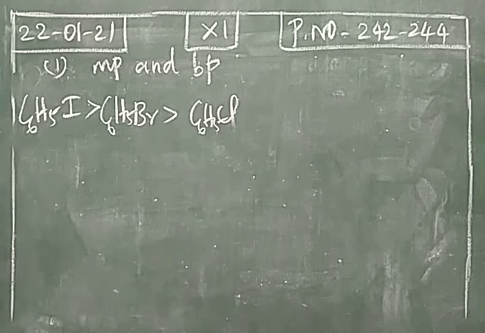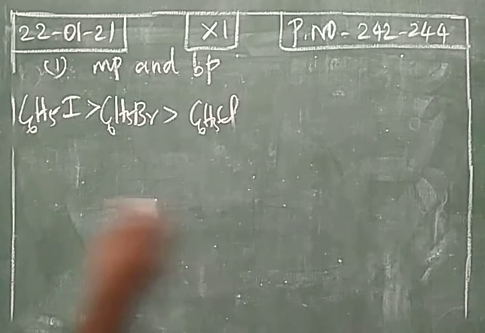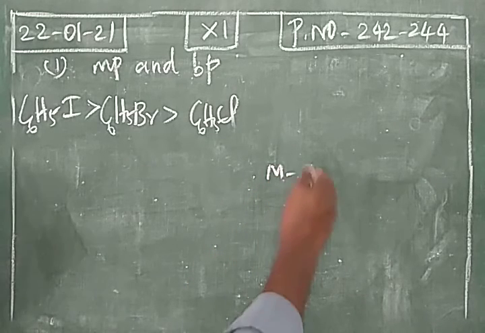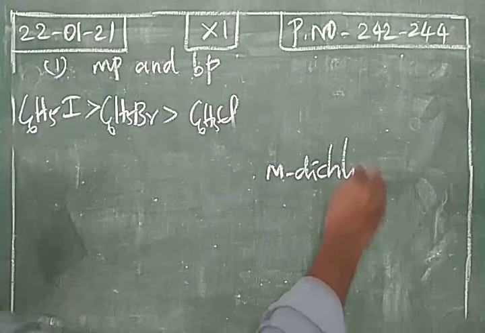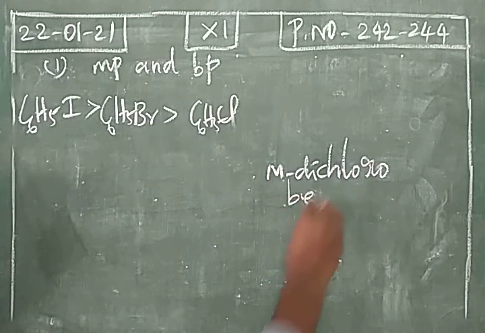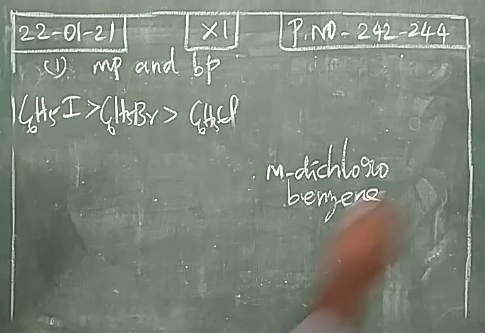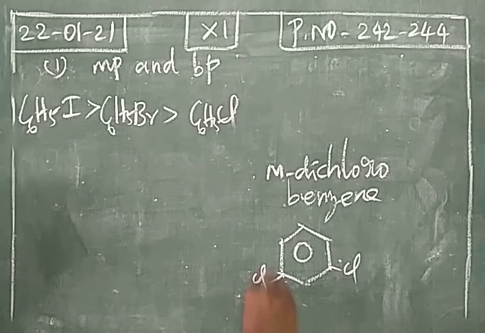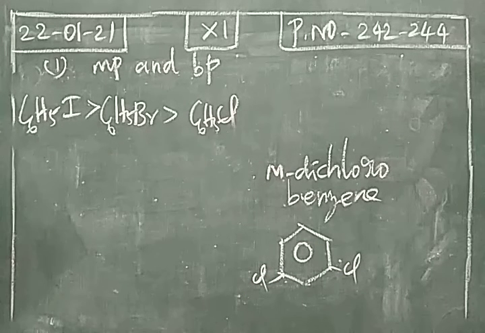Then you can take a di-substituted benzene ring. You take meta dichlorobenzene. This is meta dichlorobenzene.